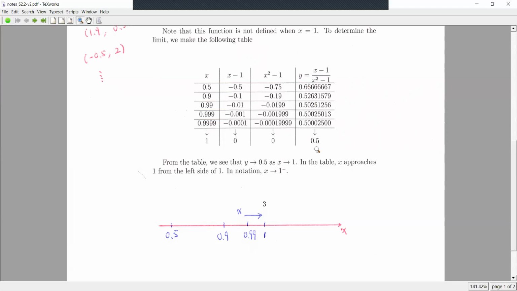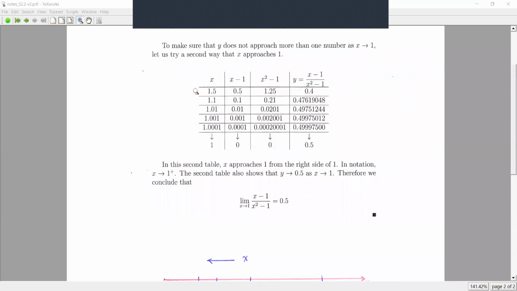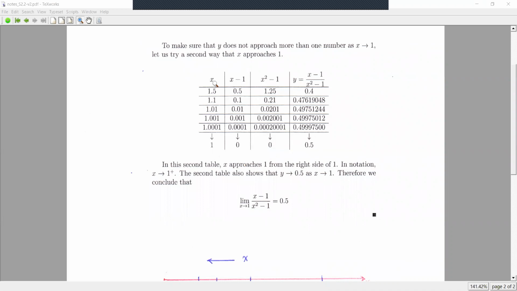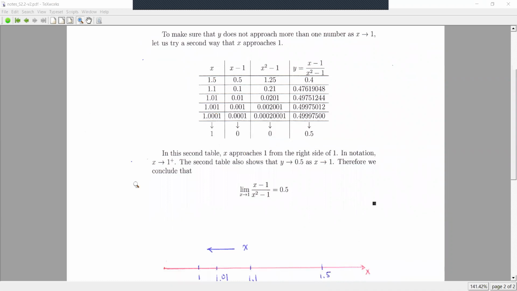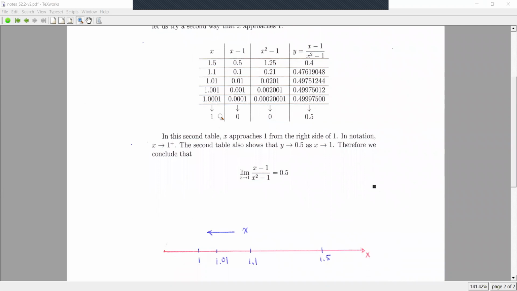In the following, I make a second table. In this table, I let x approach 1 from the right side. Here is the second table. In this table, I let x approach 1 by taking these points. If you plot these points on the number line, you will see all the points are on the right-hand side of the point 1. 1.5 is on the right side, 1.1 is on the right side of point 1, 1.01 is on the right side.